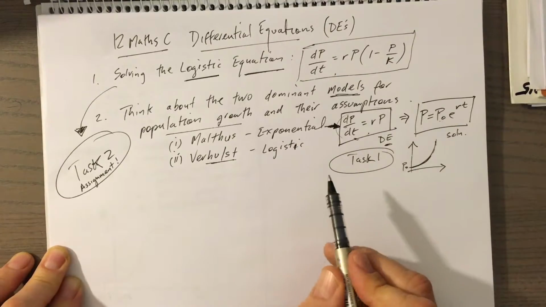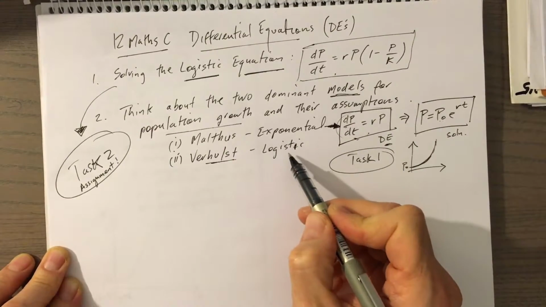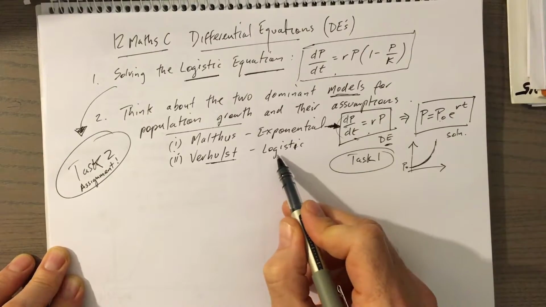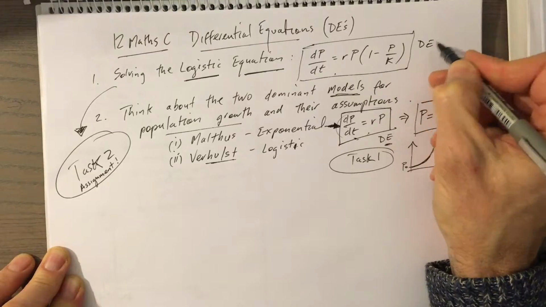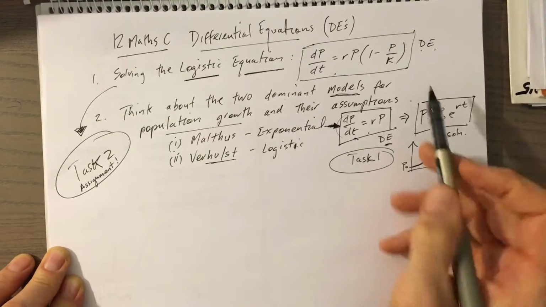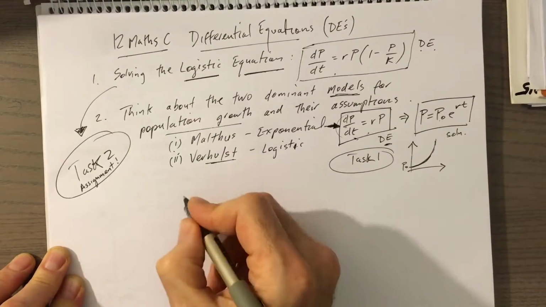In the mid 1800s, Verhulst, a Belgian mathematician, came up with the logistic model, this thing here. This again is a DE, differential equation. And basically what he said was this.